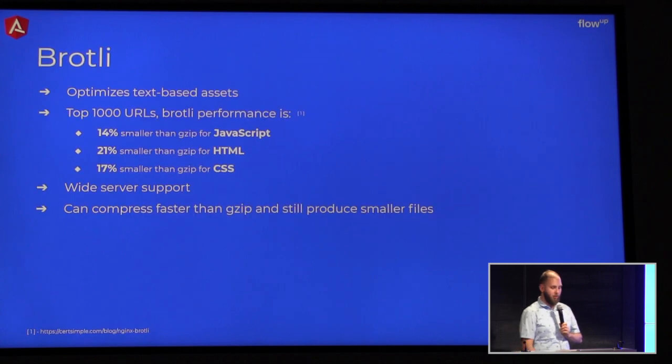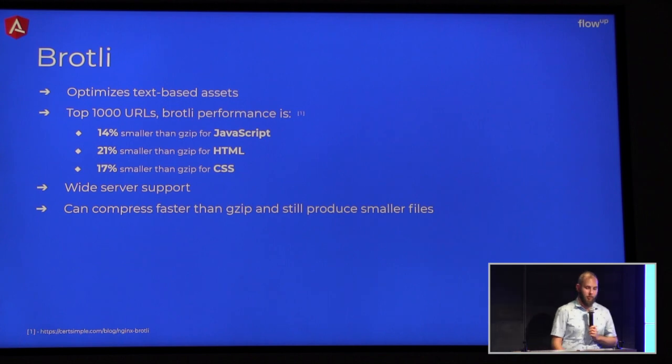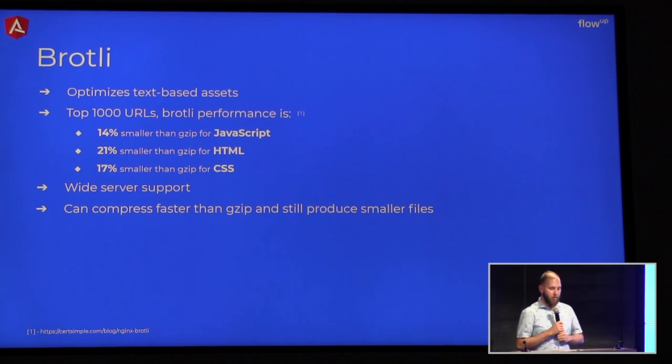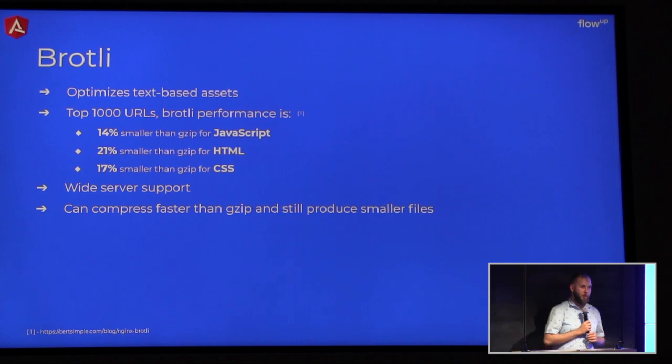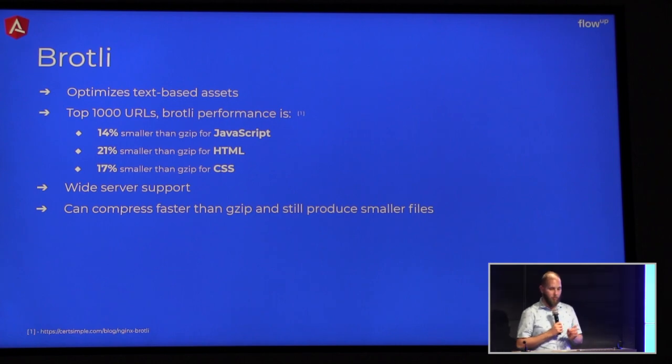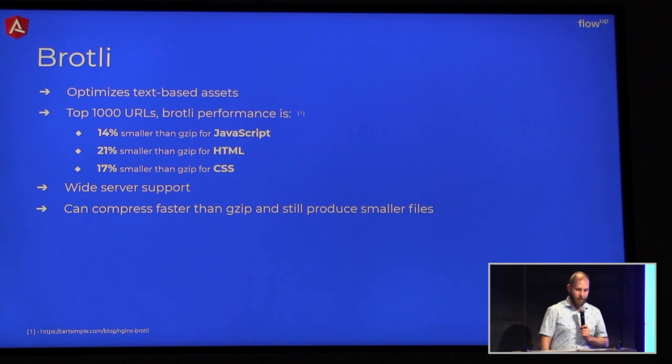So what is it, Brotli? It optimizes text-based assets. What does it mean? You can optimize JavaScript, HTML, and CSS. No pictures, but these three can still make up around 20% of saving compared to gzip, not compared to the uncompressed file, but compared to gzip, so even more.